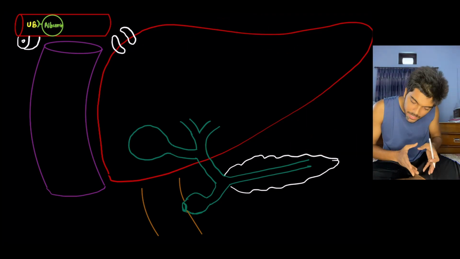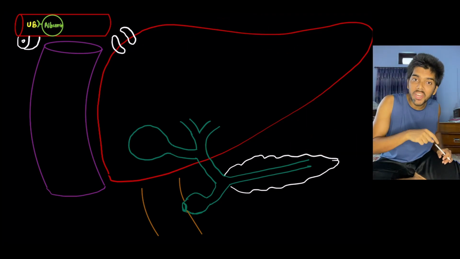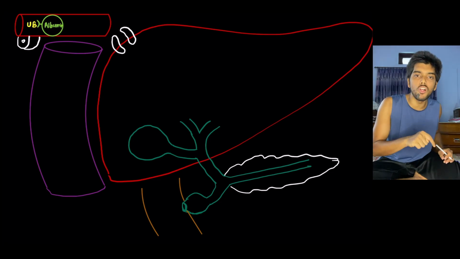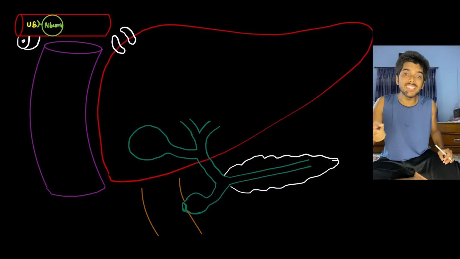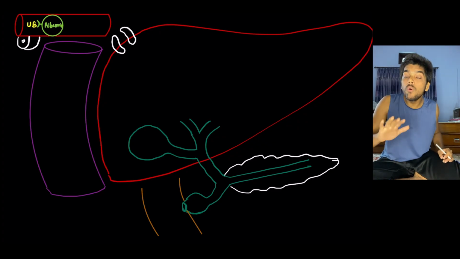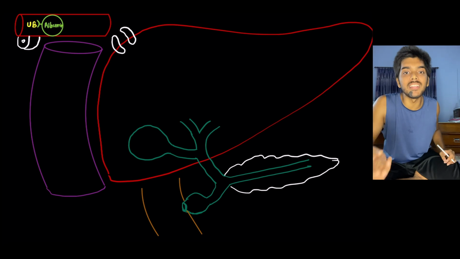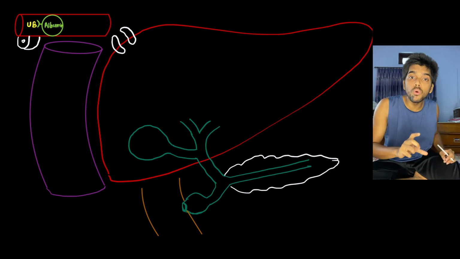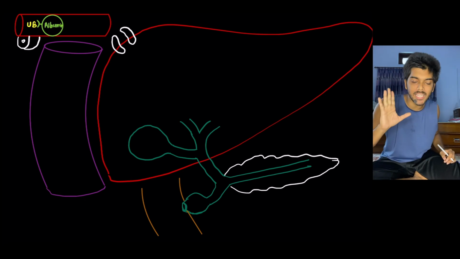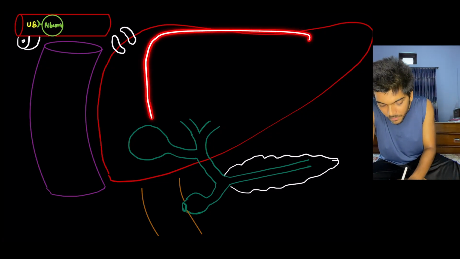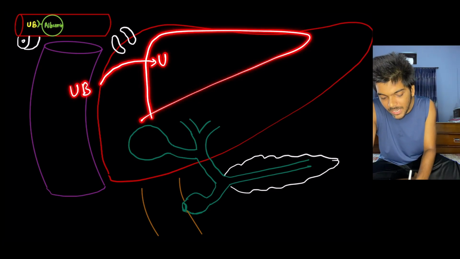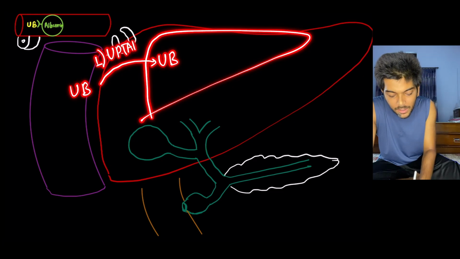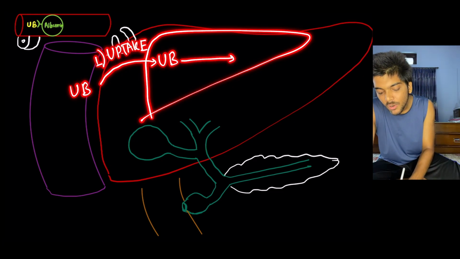So the main concept is that first, the unconjugated bilirubin, which is lipid soluble, non-polar, needs to be converted to water soluble, which is polar, and only then can it get excreted. So it has to go through the process of conjugation. Here is the liver. Here is unconjugated bilirubin. First, the unconjugated bilirubin enters the liver. The first step, uptake. Then unconjugated bilirubin is converted to conjugated bilirubin.